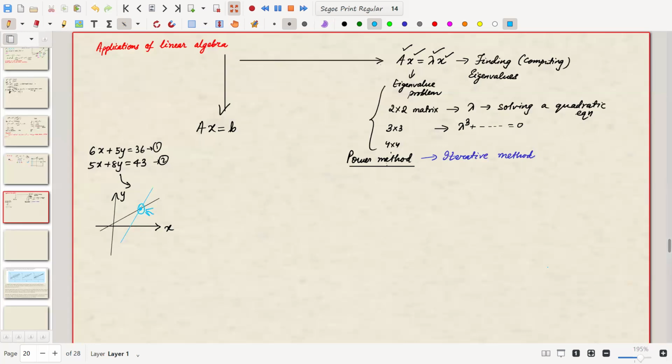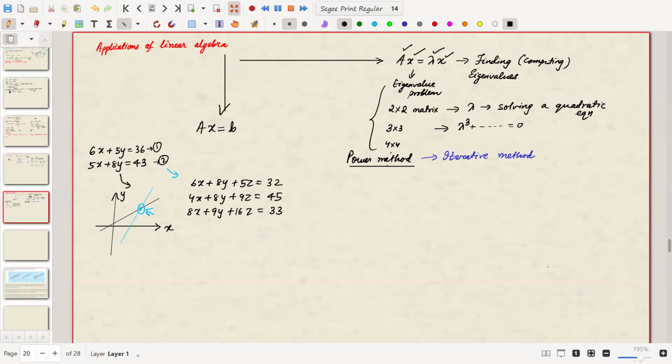But the moment you have more equations, like 6x plus 8y plus 5z equals 32, x plus 8y plus 9z equals 45, and 8x plus 9y plus 16z equals 33, this is a 3 by 3 system.